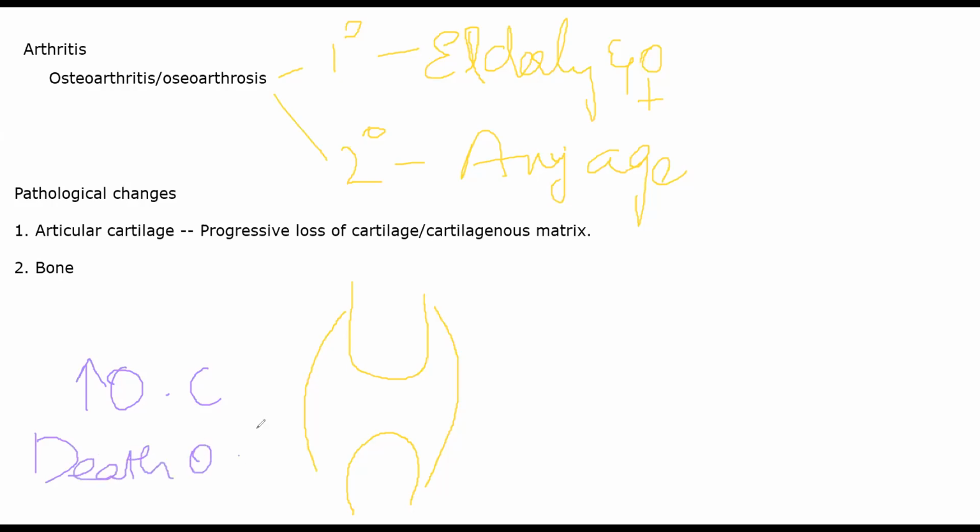Ultimately it will lead to fractures. Obviously, with increased osteoclastic activity and death of osteocytes, along with direct contact of two bones causing a lot of friction, there will invariably be fractures.